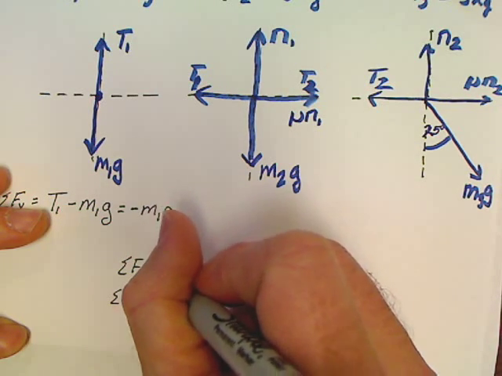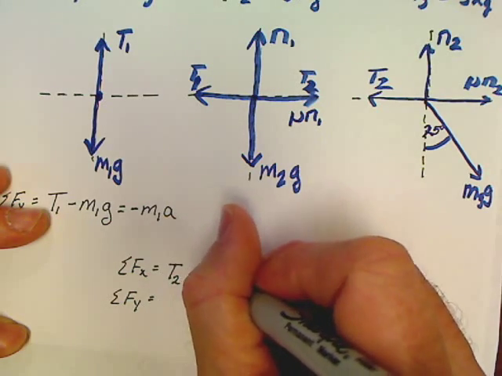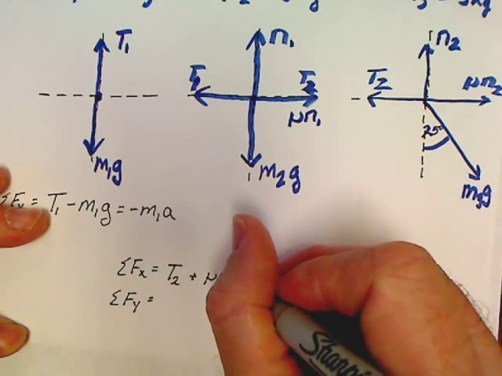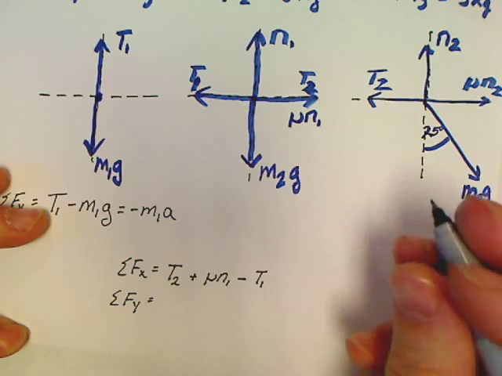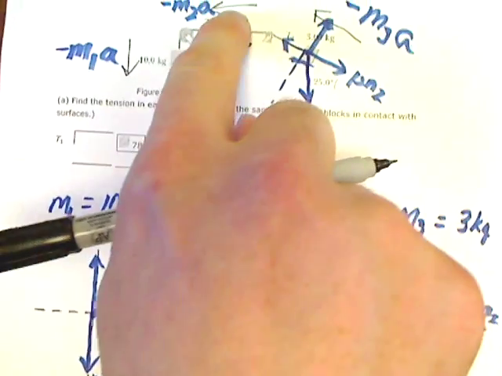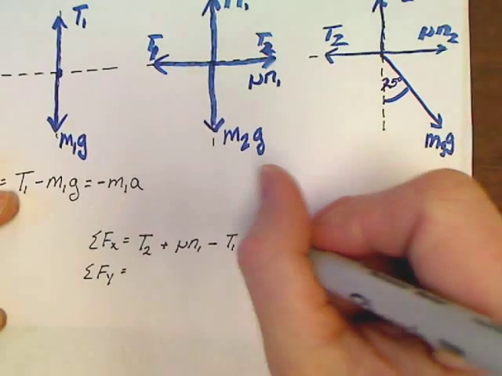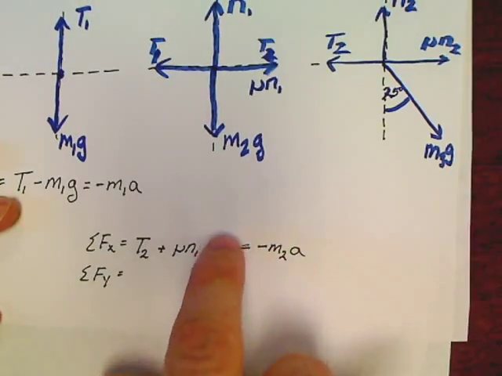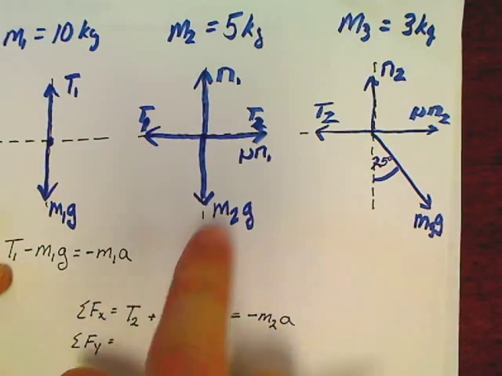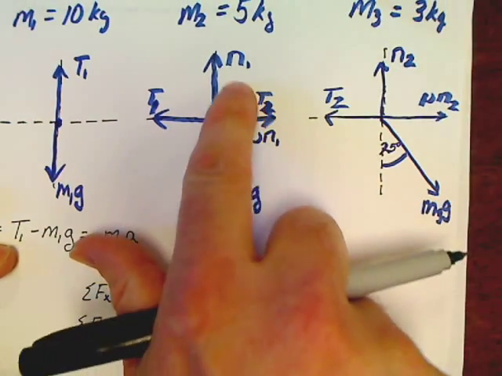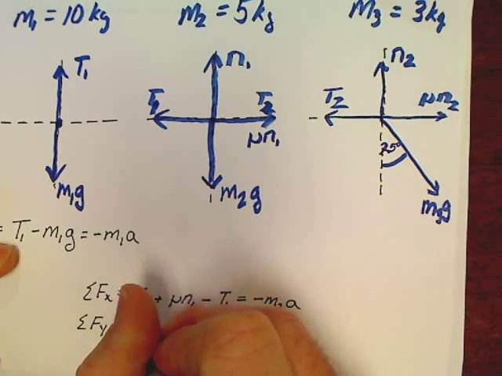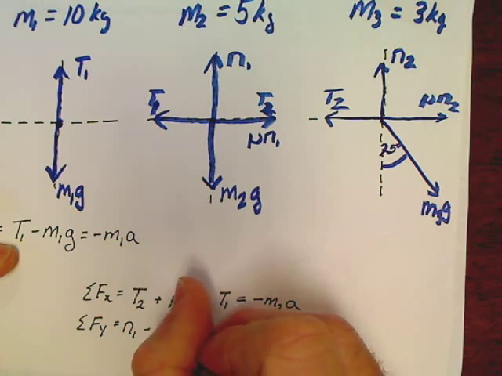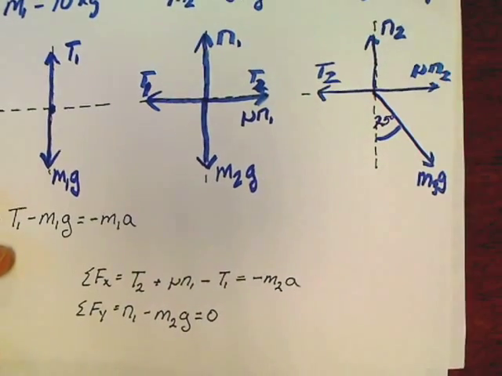So, T2 plus mu N1 minus T1 equals, this object is also moving to the left, so it's equal to negative M2A. This is going to be like a 20-minute long video. Then I've got, for sum of the forces Y, N1 minus M2G. This one, luckily, is equal to 0.